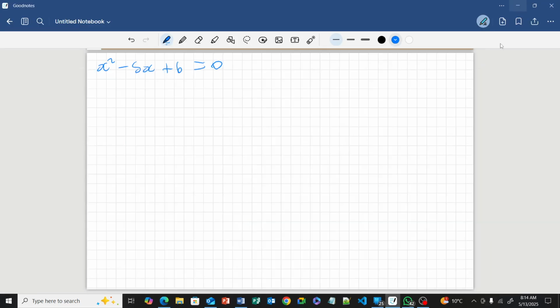Now you are required to factorize this equation, and in the process you will be solving for x.